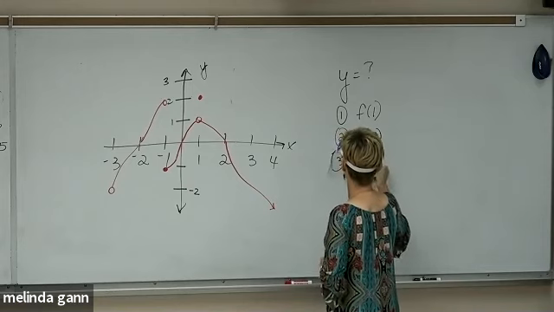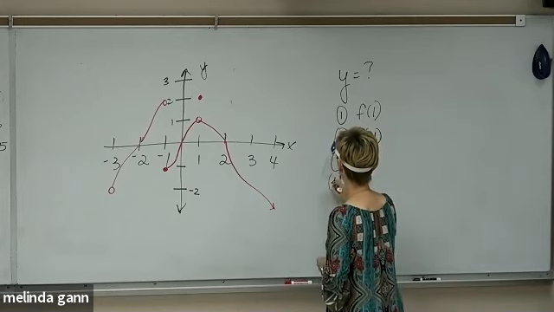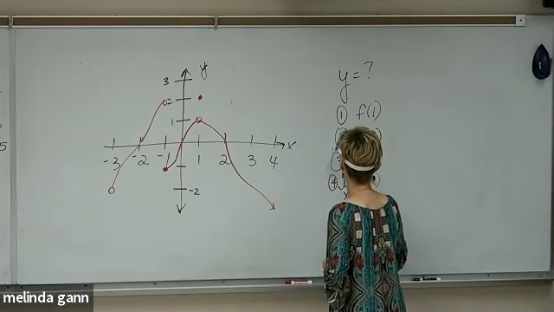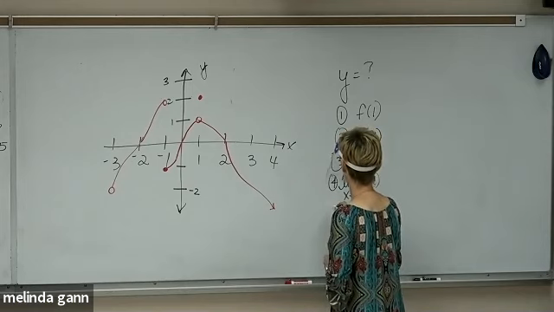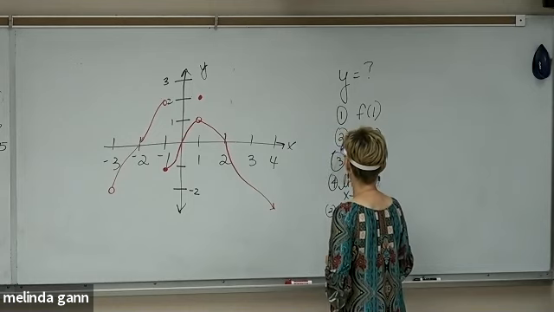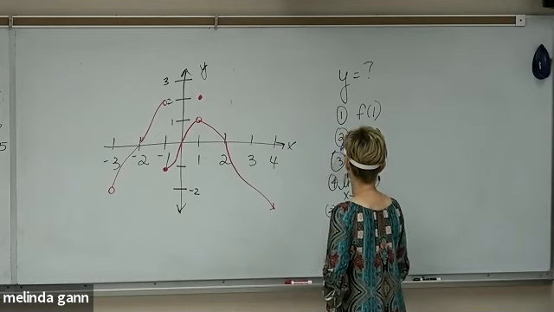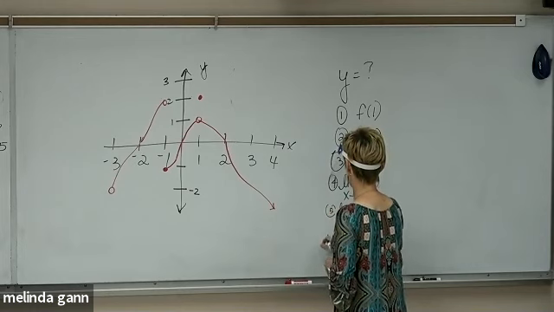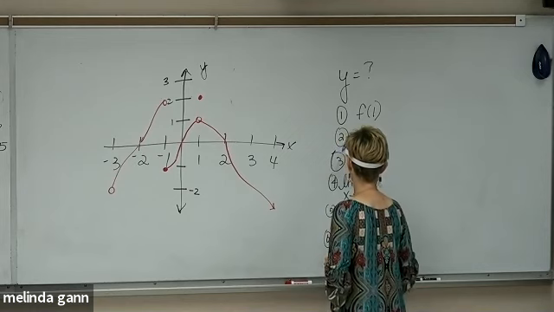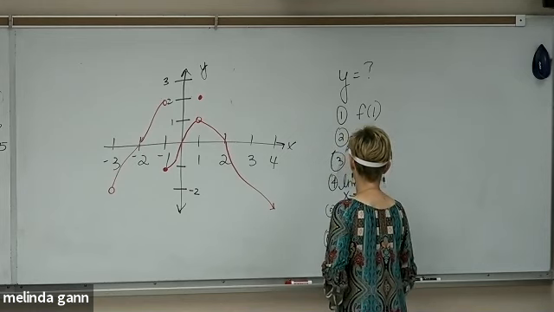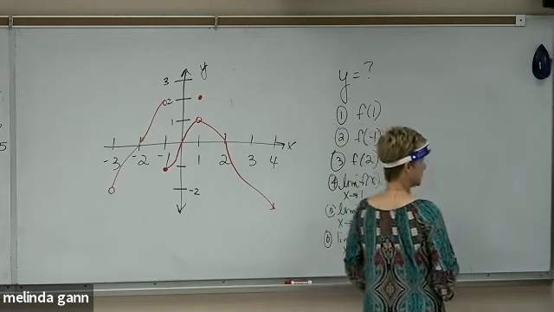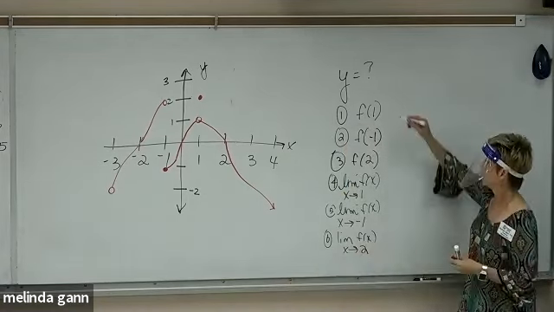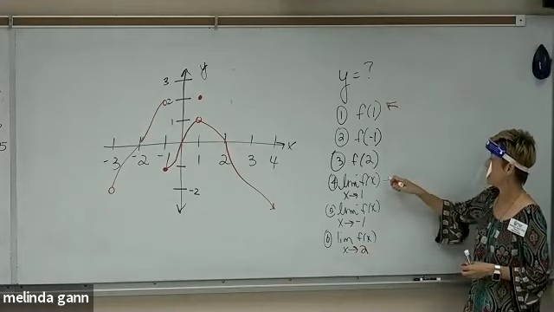As opposed to the limit of f of x as x approaches 1, or the limit of f of x as x approaches negative 1, or the limit of f of x as x approaches 2. Now, there's a big difference between number 1 and number 4.